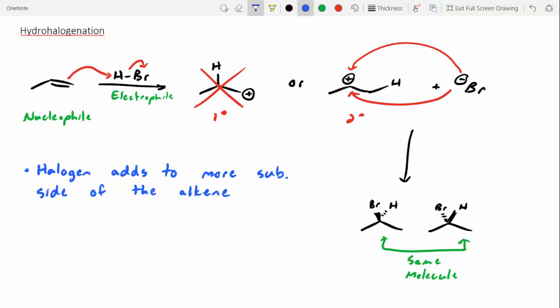What if we wanted this reaction to go in reverse? What could we treat it with? Heat? So we could apply heat, but we need something else. How could we go from our final product, that 2-bromopropane, all the way back to propene?